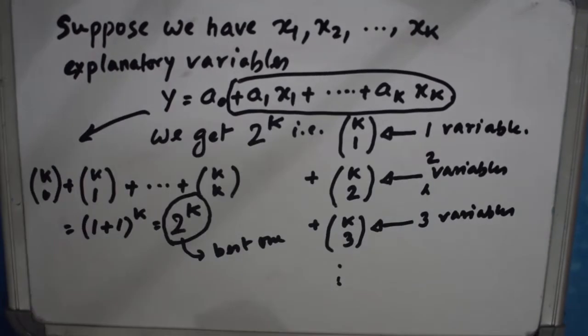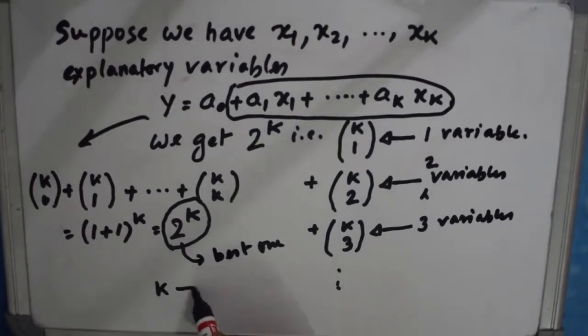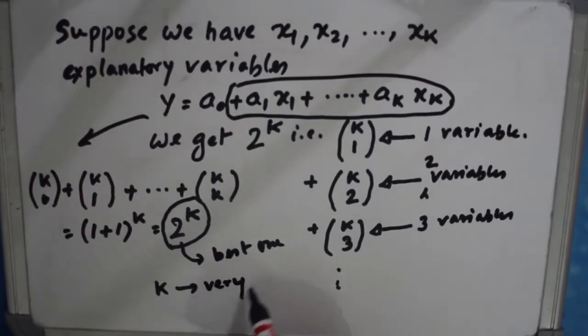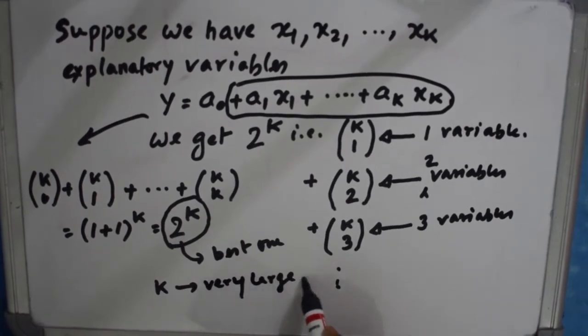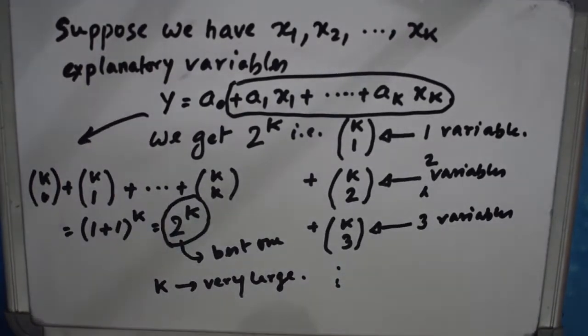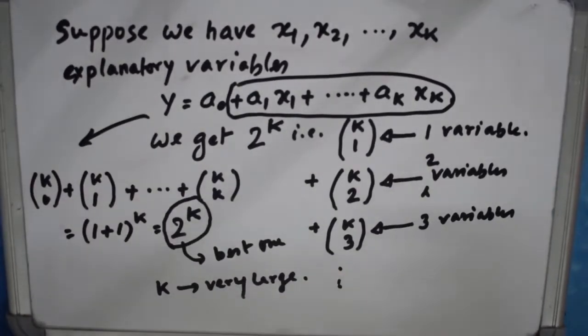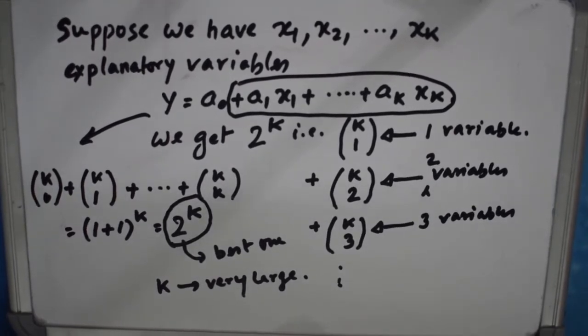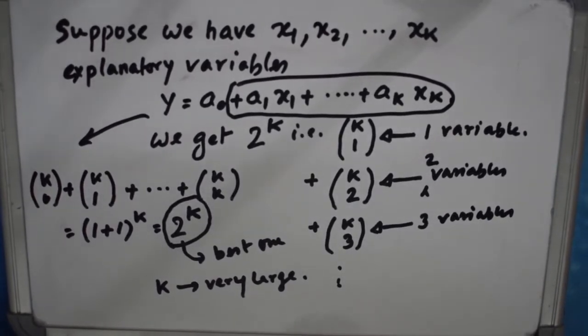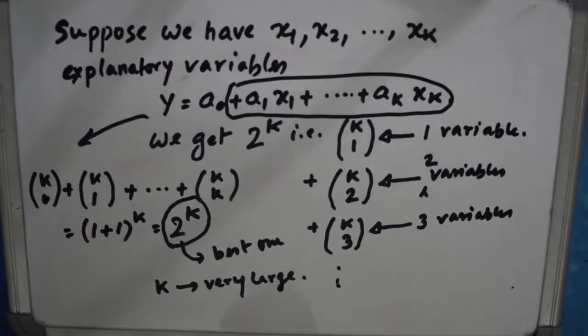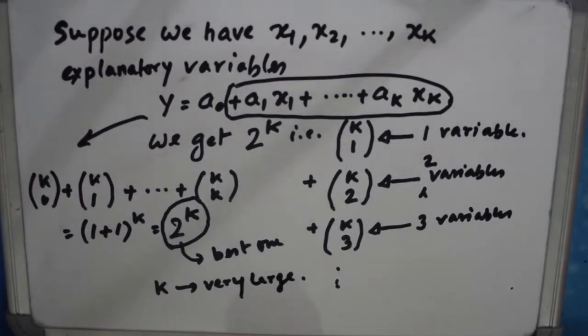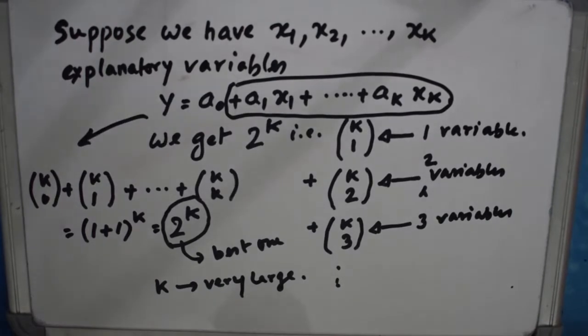But if k is very large, then it is very difficult to consider all these 2 to the power k models. So we need a systematic procedure. Today we will discuss a systematic procedure of selecting explanatory variables and model building.